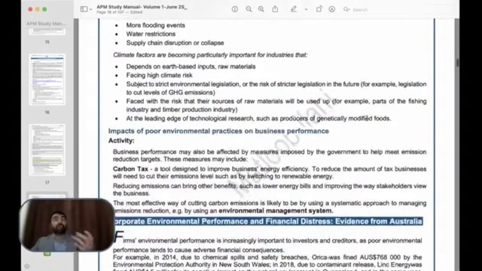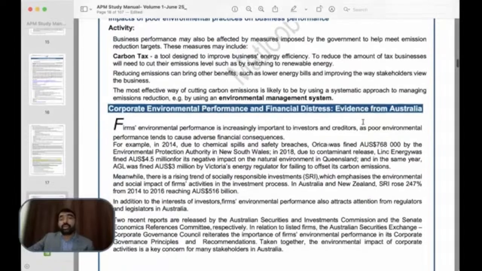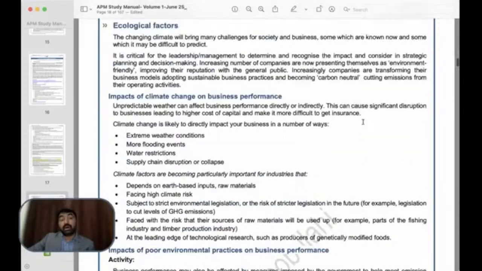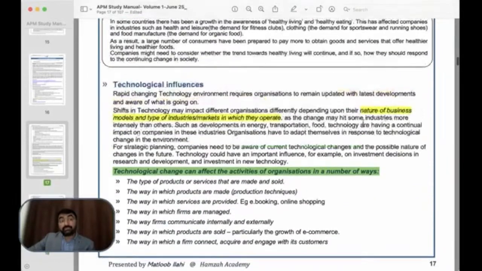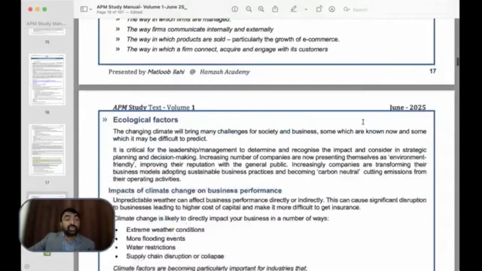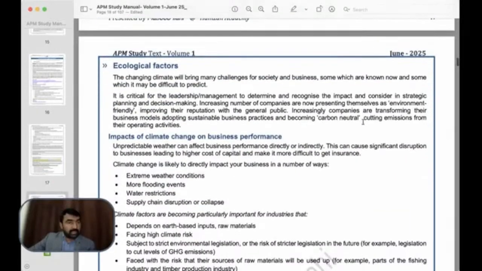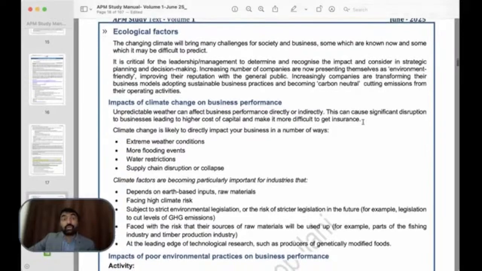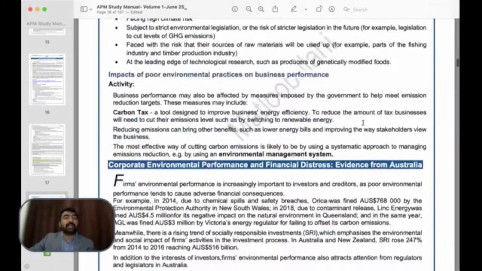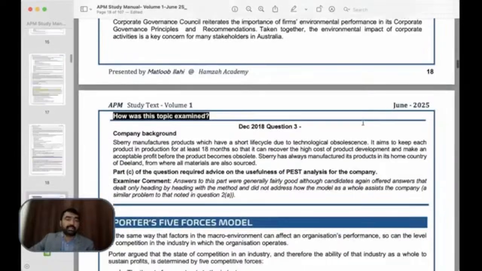So those industries, those companies that rely on natural resources are under pressure about all these. I hope you have understood how you need to discuss this, and that you need to know about all these shifts and their impact on the performance of the organization.